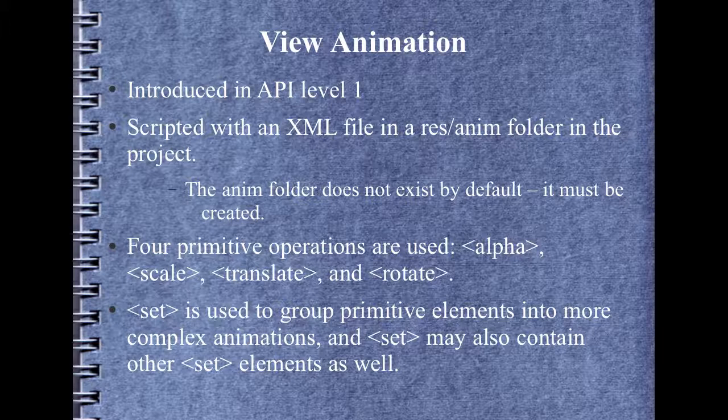With set, we can group, say, a translation and a rotation into one single animation. Or we can make a translate, then a rotate, using time offset that we'll talk about in the next slide. Place that in a set, and then put another set inside that. So set allows us to recurse and schedule animations that are very complex indeed.